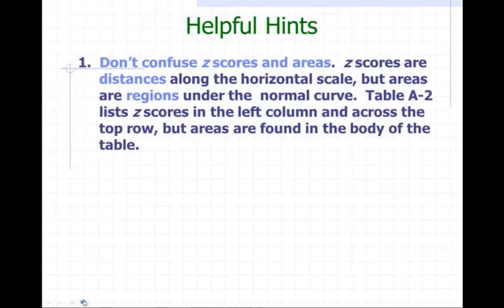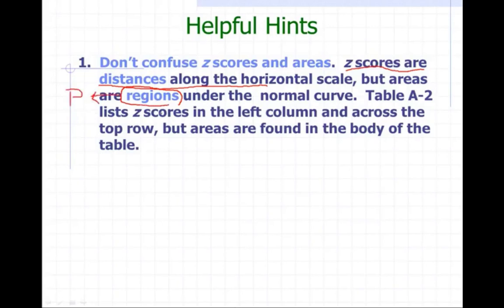Some hints. Don't confuse the z-scores and the areas. I think I said this in the last lecture. Remember, the z-scores are the distance along the horizontal scale, but the areas are the regions under the curve, and that is the proportion.